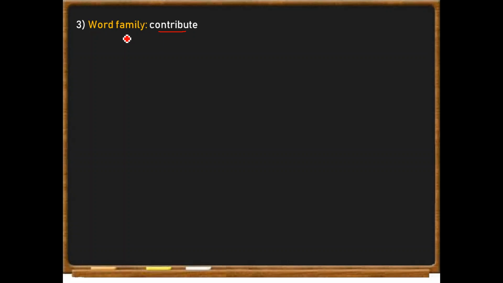Now we have the word contribute وهي جذر. Okay. From the word contribute we can find the noun, the adjective, and so on. الكلمة الأساسية تسمى الجذر أو الروت. Okay. ومنها ممكن نستخرج الاسم واسم الفاعل والصفات وإلى آخره. This is called a word family.